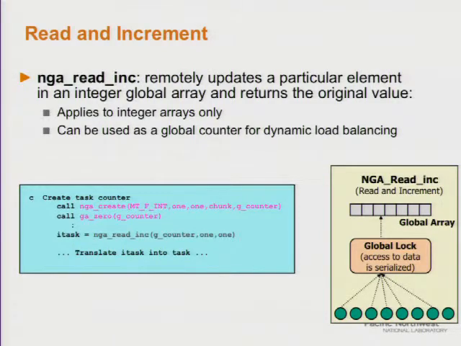Another really useful functionality in GA is something called read increment. One-sided communication is really good for asynchronous kinds of applications, especially those associated with load balancing.